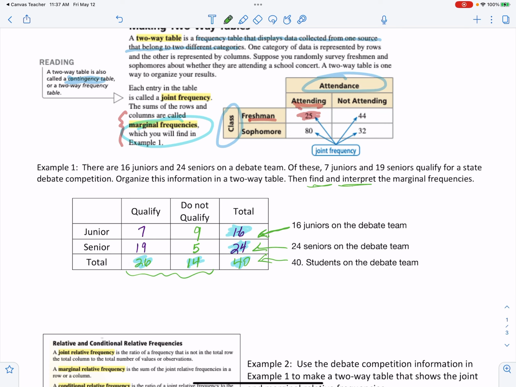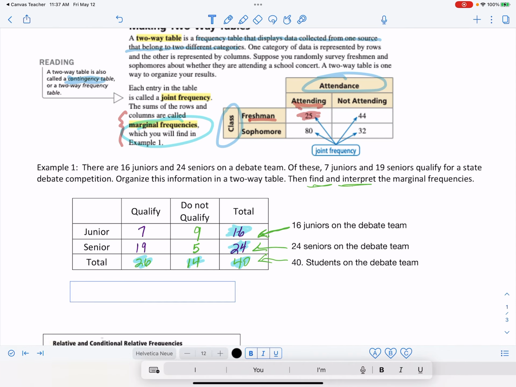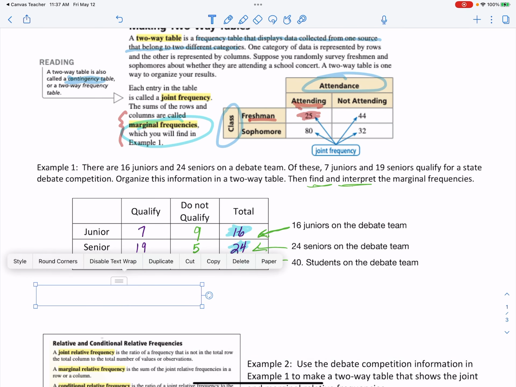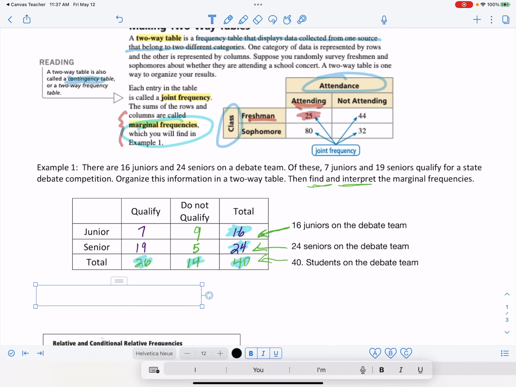And then you have to also interpret the 26. So we have 26 students qualify for the state debate, not team, but competition.